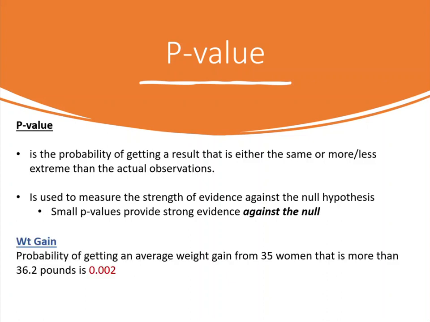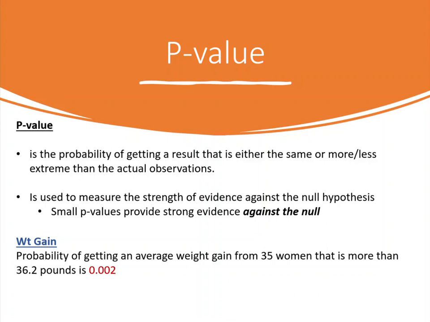In other words, the probability of getting an average weight gain from 35 women that is more than 36.2 pounds, we found was really only 0.002, right? So there are only 2 out of 1,000 trials of grouping these 35 women together where it actually happened.